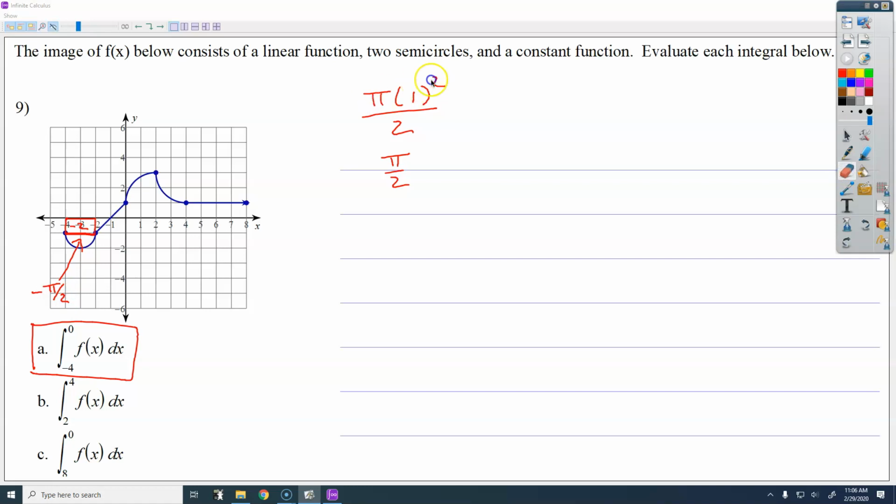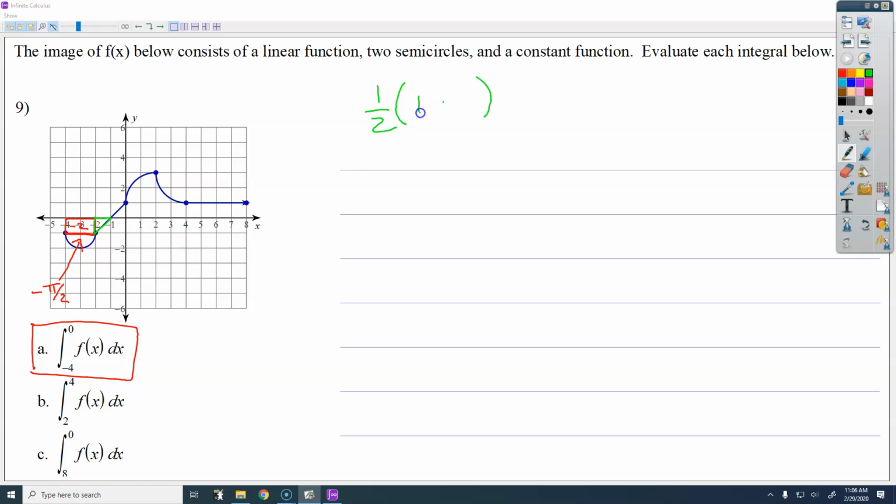Let's go ahead and take a look at another part of this now. This little triangle right here, oops, I erased. Let me back up. This little triangle right here is a triangle, so it's 1/2 base times height, right?